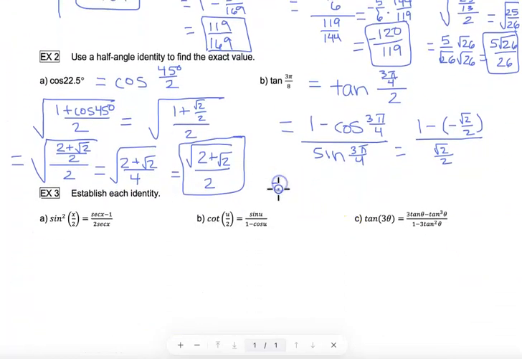And then I work to simplify. So this is going to become a plus. And then when I get a common denominator, that's going to give me 2 plus radical 2 over 2, just like in the last one. But this time I'm dividing by this entire thing. So set up my multiplication by the reciprocal.